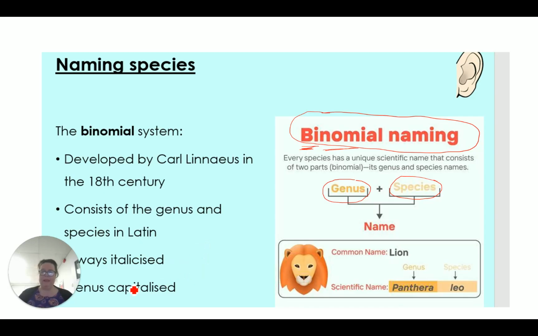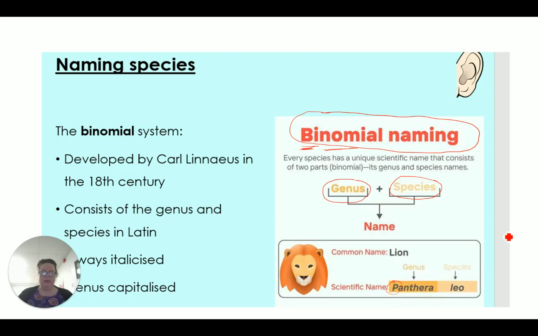And the genus is capitalized, so we only have a capital letter here. Okay, if you're not sure what italics are, look it up. They're slopey writing, basically. But for GCSE, first one here, capital, second one here, small letter. Genus and species.